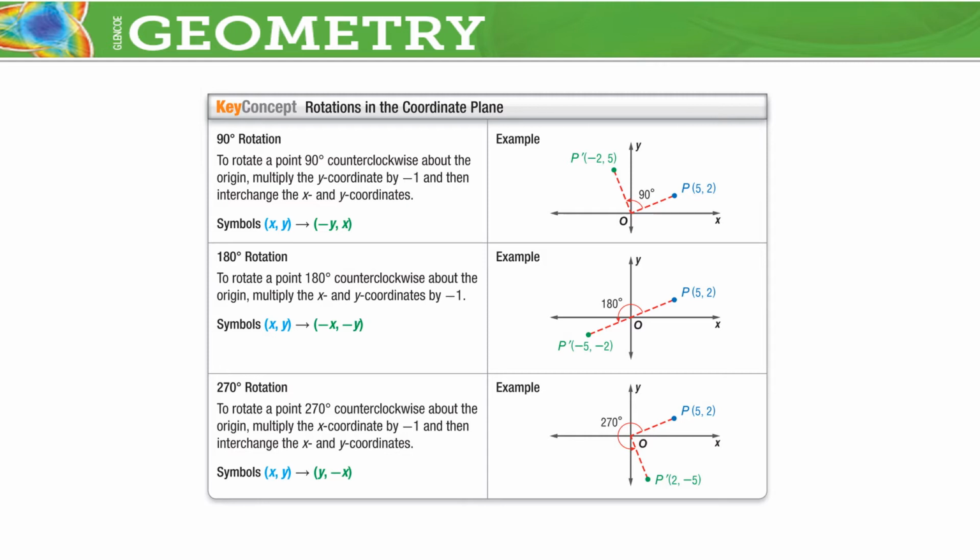For example, your point P 5, 2, first 5 times negative 1 will be negative 5, and interchange the x and y coordinates. Your point will be P prime 2, negative 5.